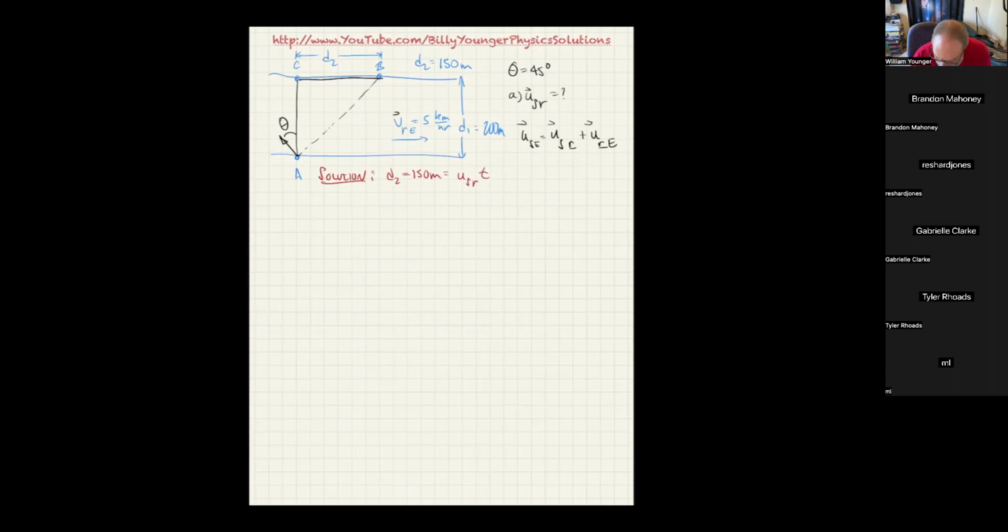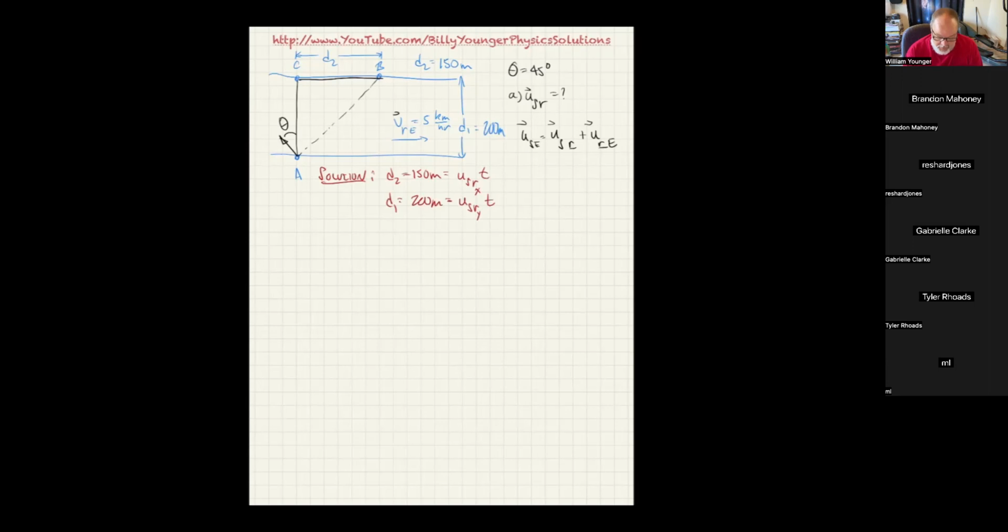So in other words, if you multiply velocity times time in what I'll call the X direction, that'll give me a distance. But I also need that D1, which is equal to 200 meters, to take the same amount of time, and that is the velocity of the swimmer with respect to the river in the Y direction times T.